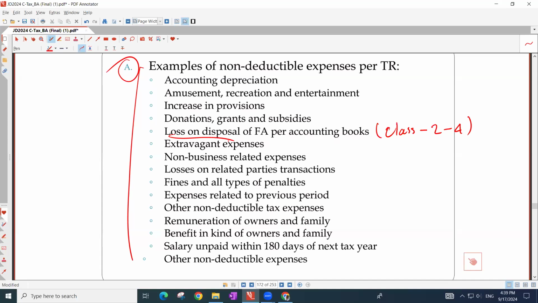Or they would compare, let's say you pay for a hotel in Phnom Penh, a 4-star hotel probably at $70 to $100 a night, but you end up paying the 4-star hotel $150, for example. Then they say this is extravagant. The $50 excess from the normal market rate will be considered extravagant.